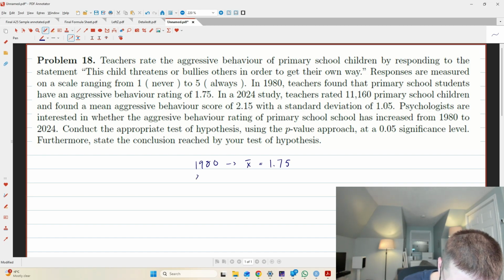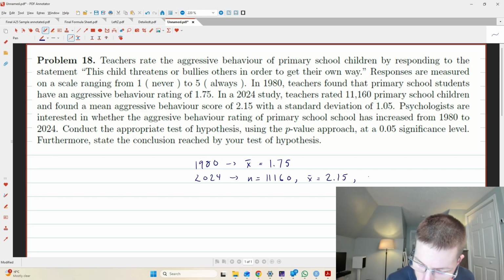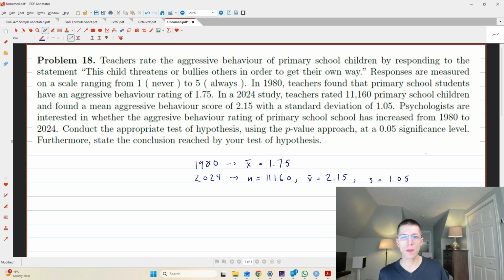And in 2024, a study was done where we had n equals 11,160. X bar is 2.15. And also we're given the sample standard deviation is 1.05. So because we don't really have much information about 1980, we can't really do a two population comparison.